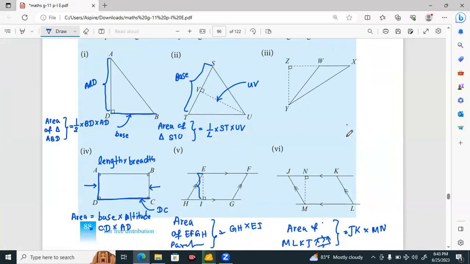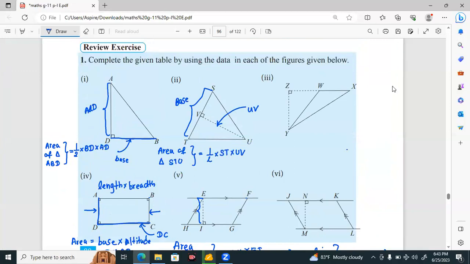Identification. Sorry, I had forgotten this figure. How do we find the area in this case? Area of triangle YWX. It is half into the base, which you have to consider as WX. It is not ZX, because the side relevant to the triangle is WX.